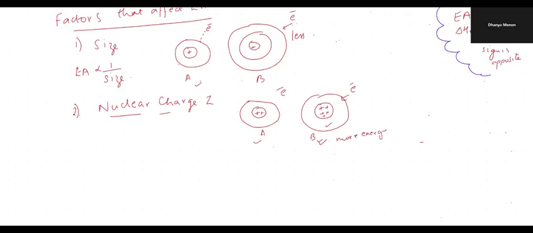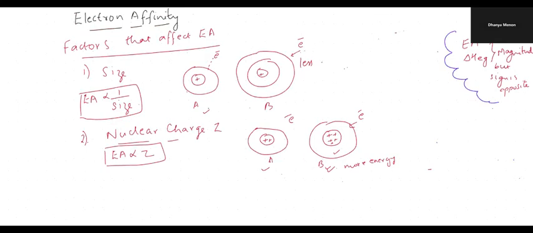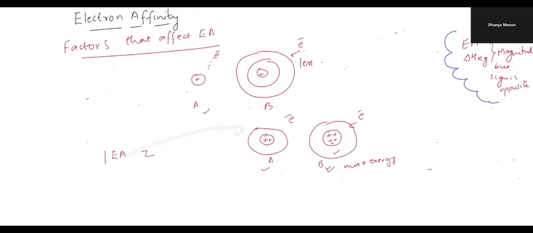So we say electron affinity is directly proportional to Z. I hope till here it is clear and you know this, right? The same case we saw for ionization energy too. Coming to the next one, which is called electronic configuration, which is very important.